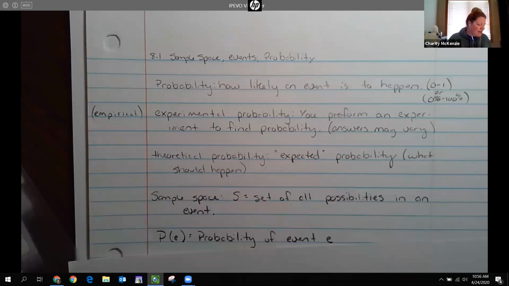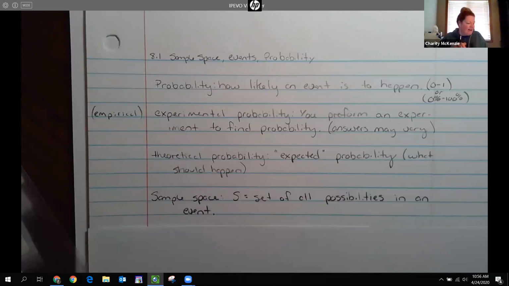Okay, sample space is the first thing you want to find every time. It's all of your possibilities that you could have. So if I have a coin that I'm flipping, I have 2 possibilities, heads, tails. So that's my sample space. Sample space is the number 2, and it's heads and tails.